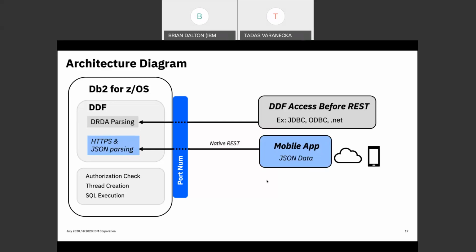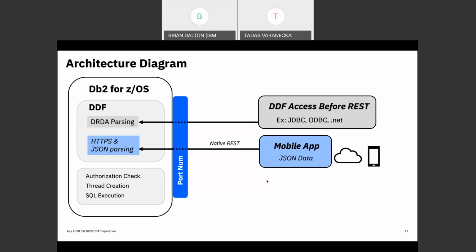However, there is a new HTTPS and JSON parser that is inserted here that is able to parse the information and get to the DB2 data the same exact way from that point on as the process that DRDA parsing went through: authorization check, thread creation, SQL execution, get the DB2 data, send it back to the mobile application.